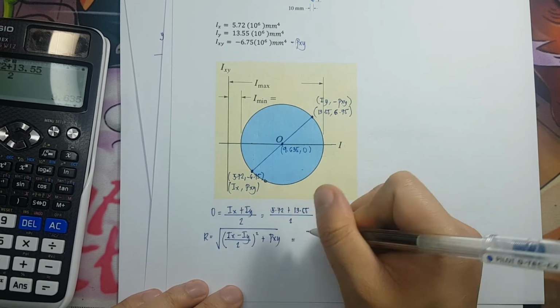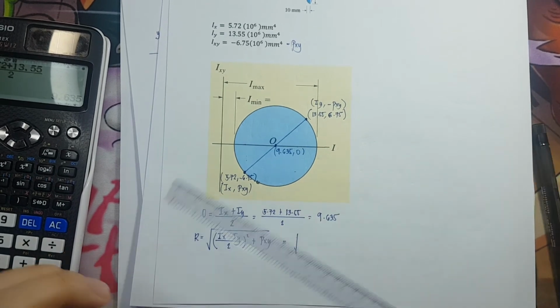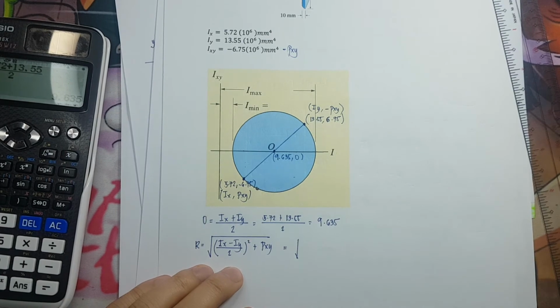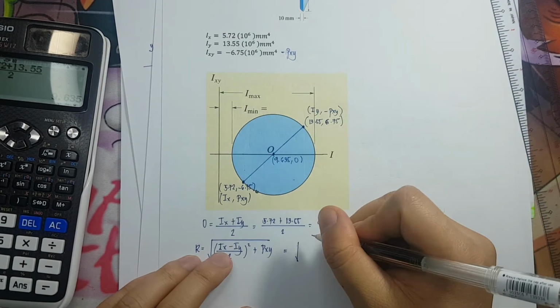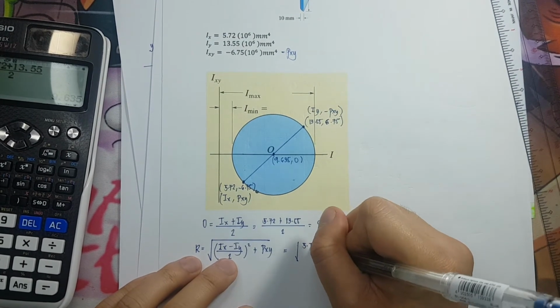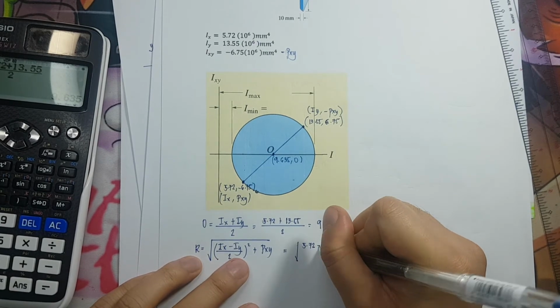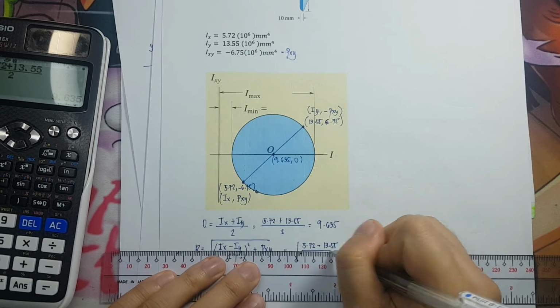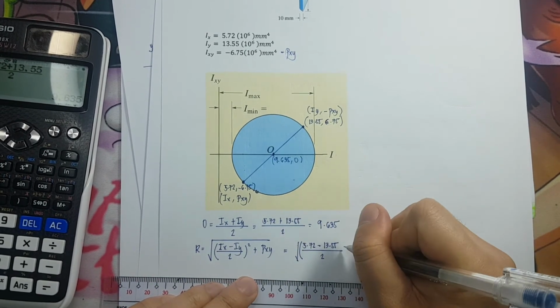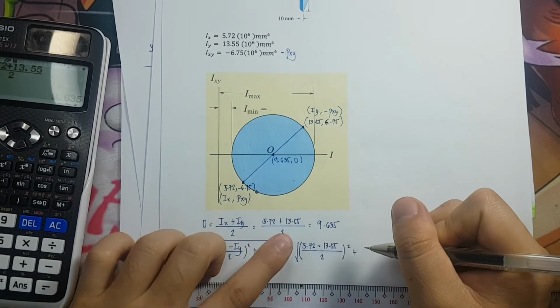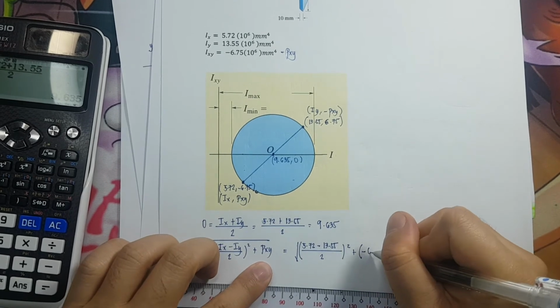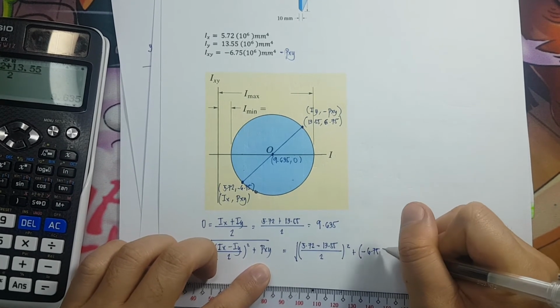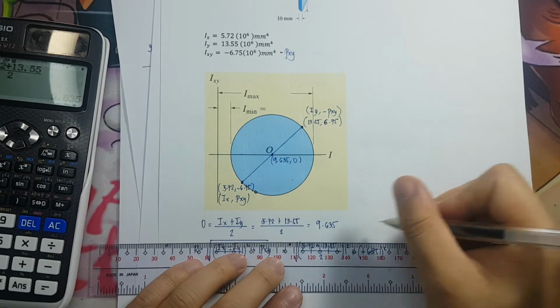So that is equivalent to the square root of, what is Ix, Iy, we have 5.72 minus 13.55 divided by 2 quantity squared plus what is Pxy, negative 6.75 squared.